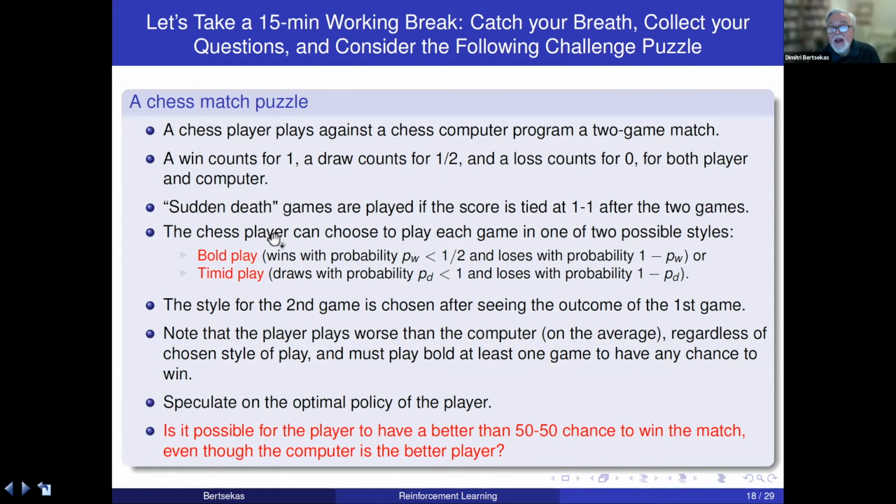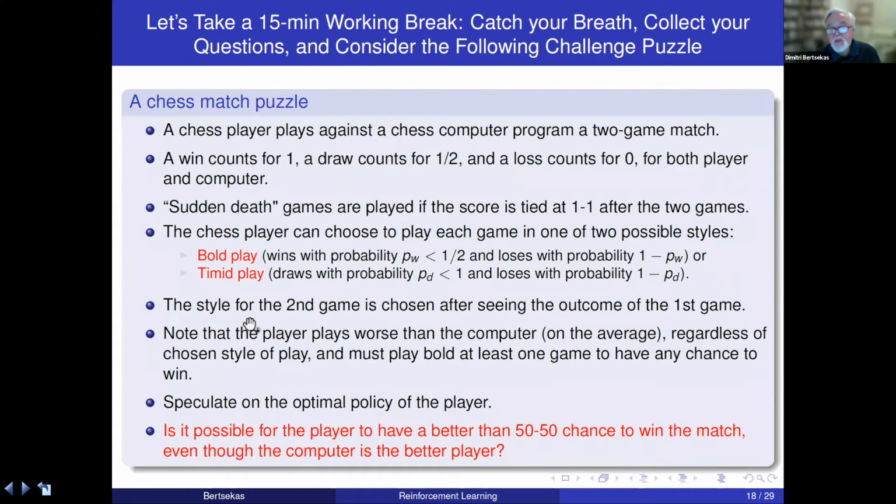And now the chess player can choose to play in one of 2 possible styles. The first style is bold, risky play, which wins with some probability less than 1/2 and loses with a complementary probability. So there's no draw in bold play. It's uncompromising play, no draw. The other possibility is to play timid, in which case you can get a draw with some probability, but you can also lose with the complementary probability, and you can't win.